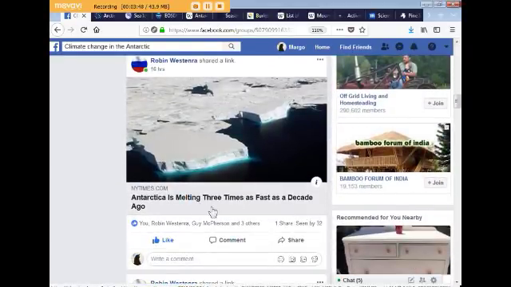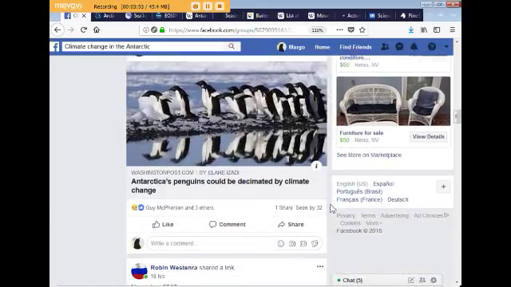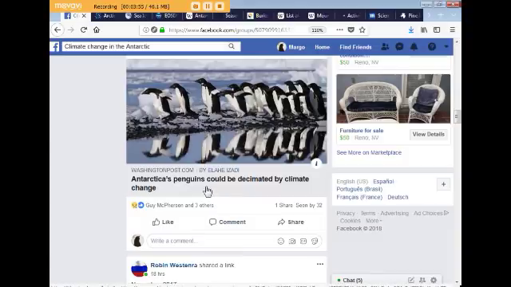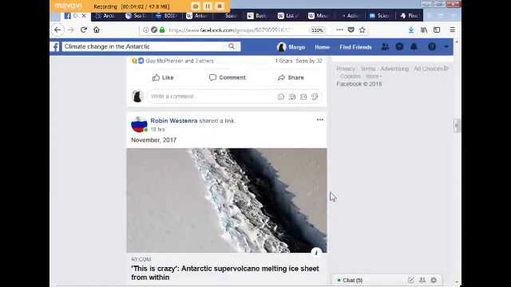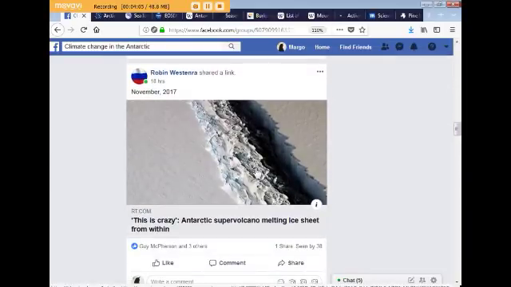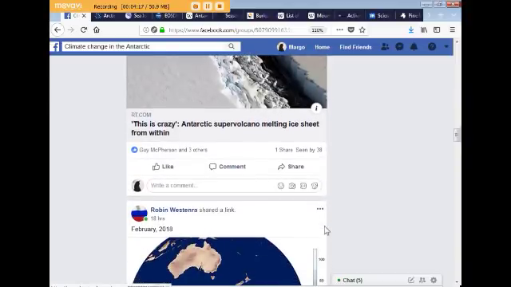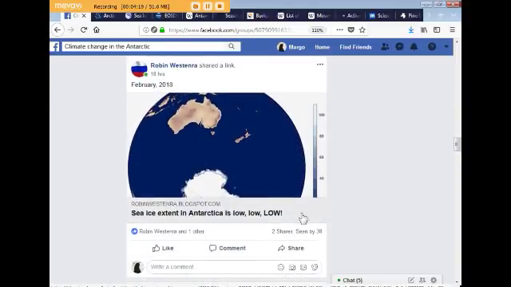They're melting 3 times as fast as a decade ago, from the New York Times. And here's Washington Post: Antarctica's penguins could be decimated by climate change. And then this was from November, where they said an Antarctic supervolcano is melting the ice sheet from within. And this was from RT.com. And then these are posts from his blog.